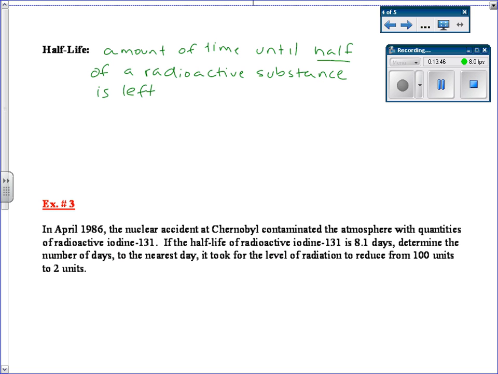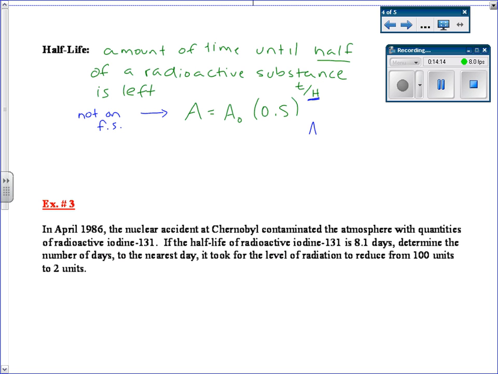So the formula that we use for half-life looks like this. A is equal to A naught, that little subscript 0 is naught, times 0.5, for half, to the power of t divided by a capital H. And so first of all, this is not on your formula sheet, but notice that it is just an exponential function. The only thing that's different is our exponent is a fraction now.